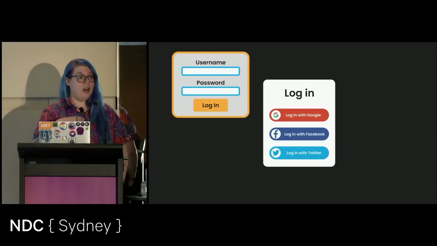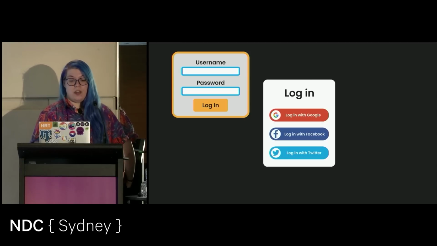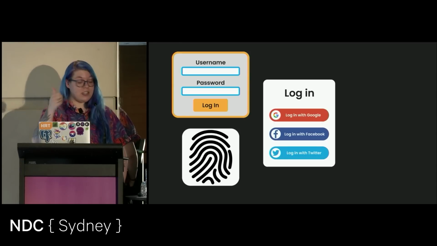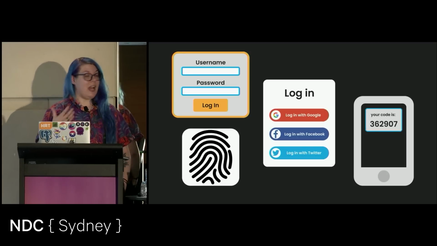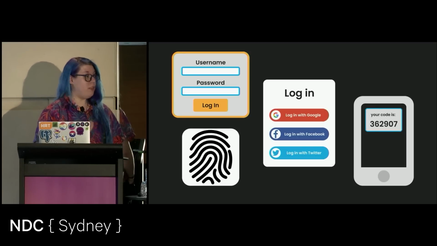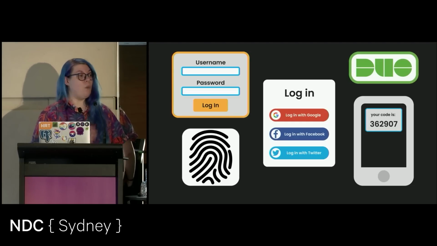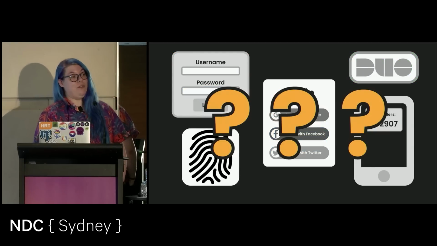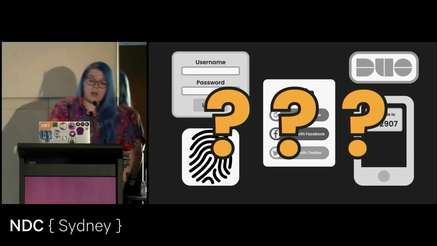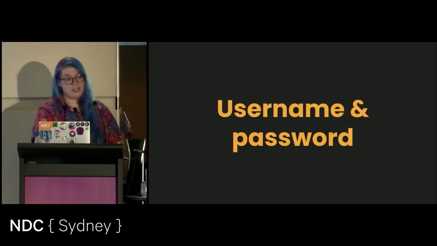You can have access to an existing identity as a proxy for identity. You can have things that you are, biometrics. And you can have things that you have, for example, access to particular hardware with unique properties. And you can also have things like access to one-time passwords. This can all get a little bit overwhelming. So let's start by talking about one that hopefully will be familiar to everybody in this room, username and password.